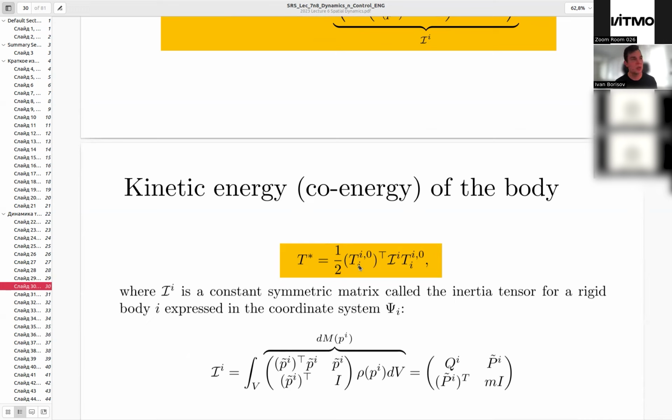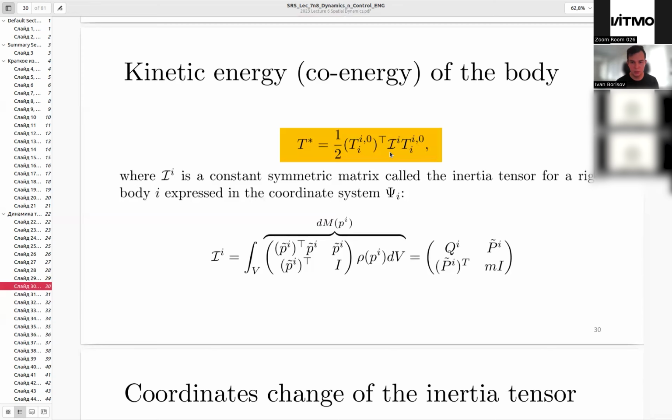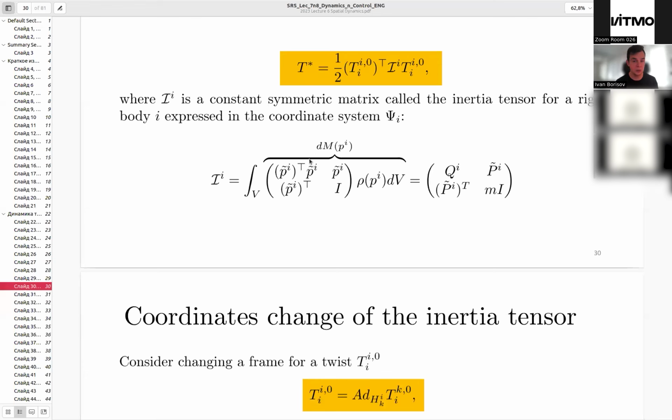You can use screws, screw theory, all these axes and exponential coordinate representation. So there are several ways you can compute twist. And now we need to compute the inertia tensor. How can you compute it? You still have the formula. We know the origin of this formula, and we can compute it.